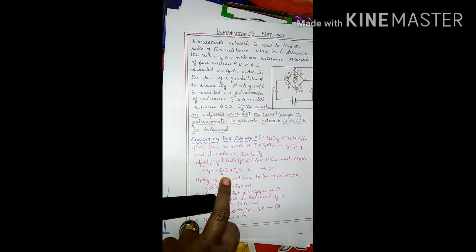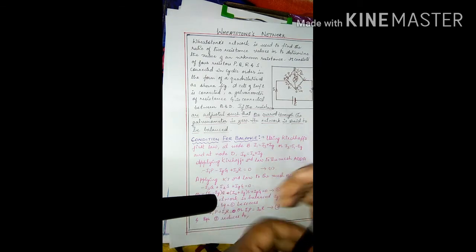Now applying Kirchhoff's second law for the mesh A, B, D, A. So here, as the cycle goes from A, B, D, A, so A to B, what is the product of these two?